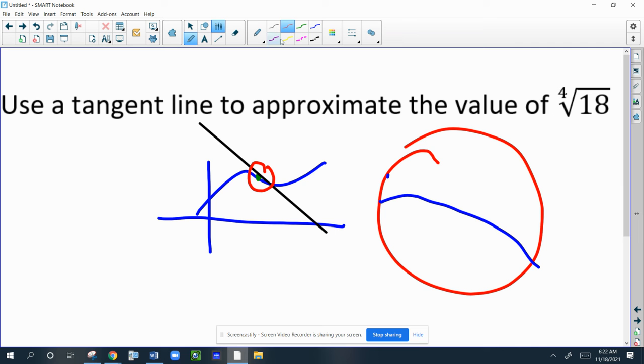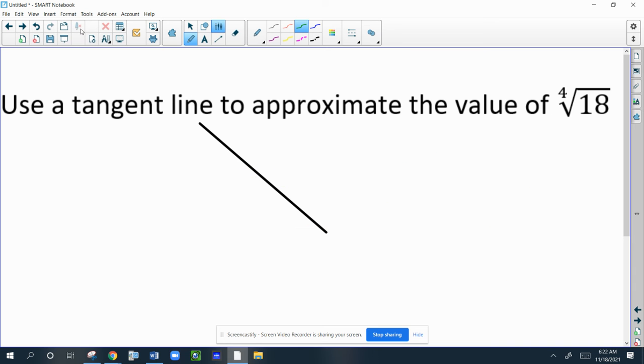So again, say this is the point right here that I'm approximating, and I drew a tangent line locally near it. The value of that tangent line here should be very close to the value of that point. So that's confusing, so let's do it, and I'll show you on Desmos what we're doing.